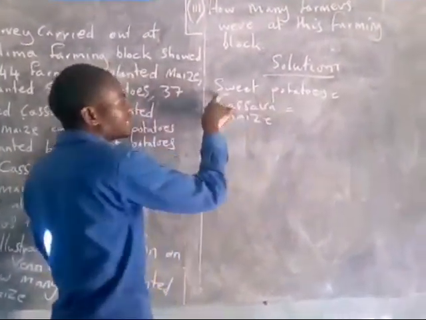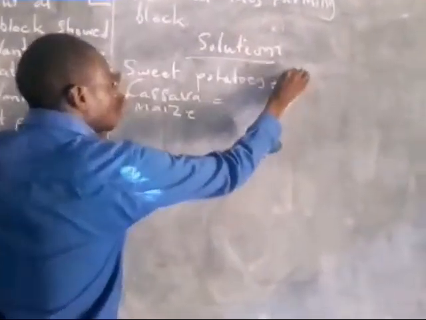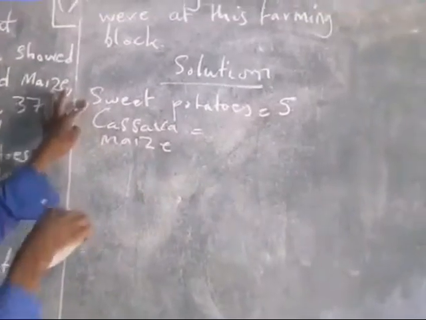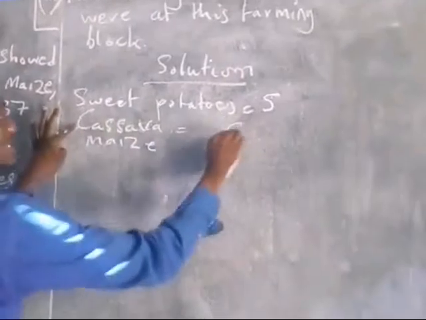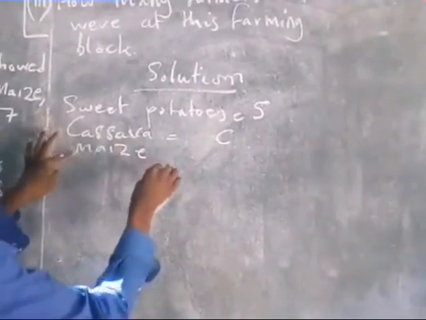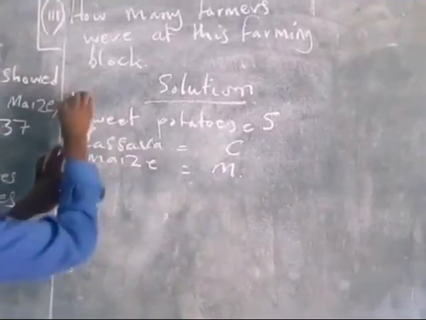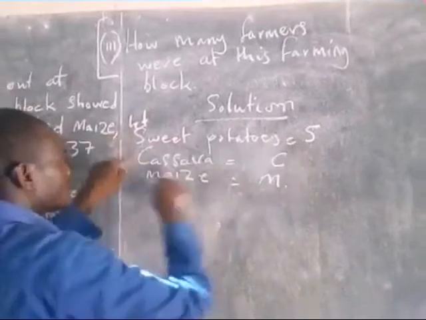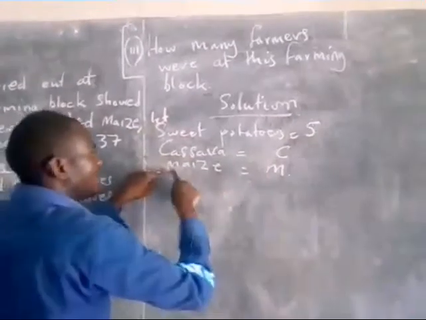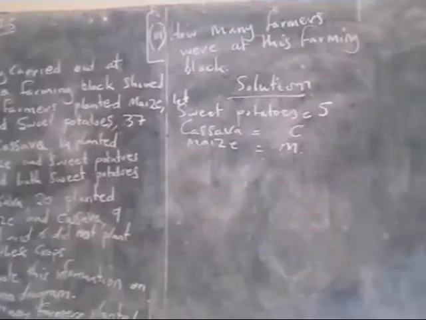We are going to let sweet potatoes be represented by S, cassava by C, and maize by M. We want to use the initials.